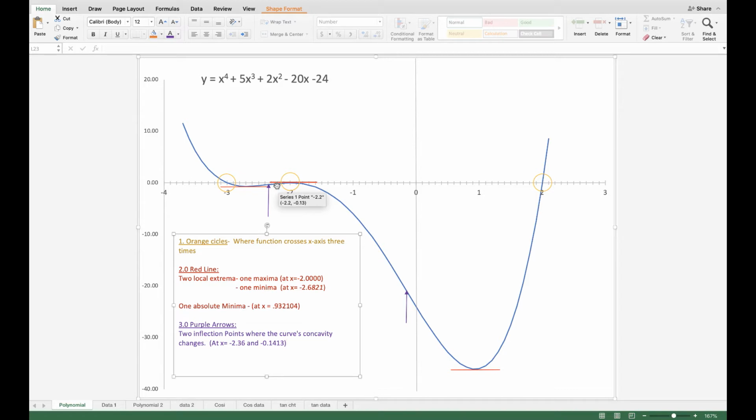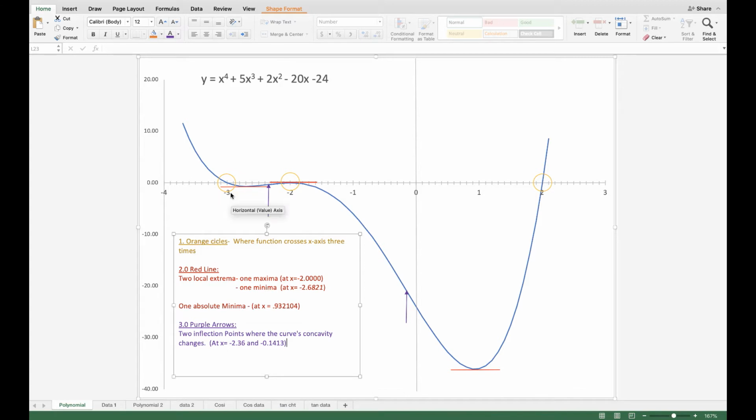So the second derivative at minus 2.1 or minus 2.2 is going to be negative, and over here at minus 1.9, it's negative. So the negatives on either side of that extrema says that extrema is a maximum.